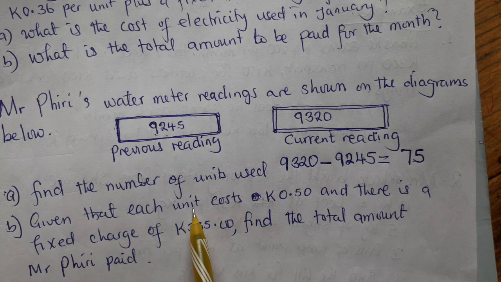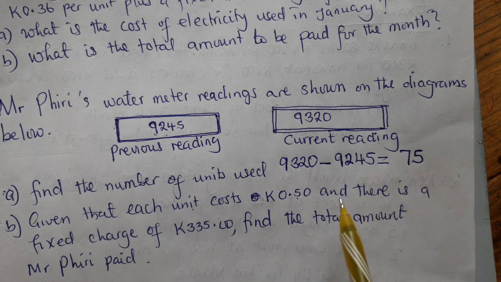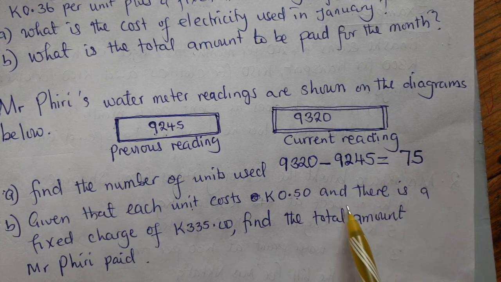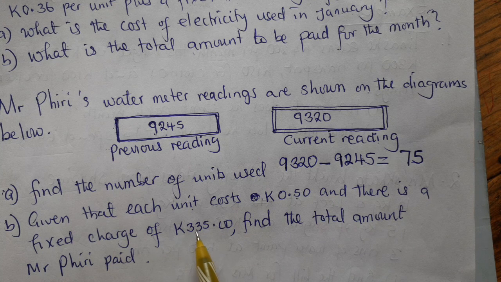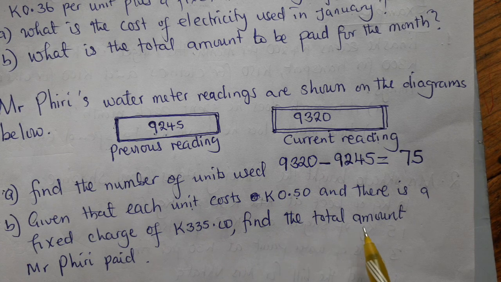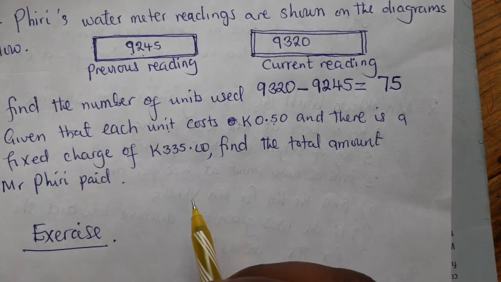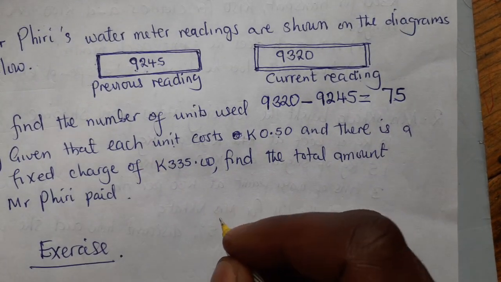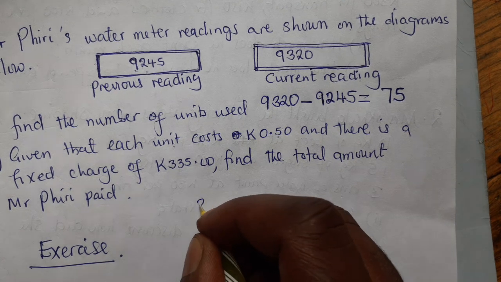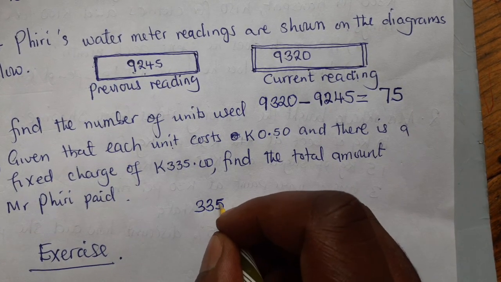Given that each unit costs 15 ngwe, and there is a fixed charge of 335 kwacha, find the total amount Mr. Piri paid. I think we have dealt with this. It's almost the same thing that we did there. So the fixed charge is 335 and this one is a must, you need to pay it.